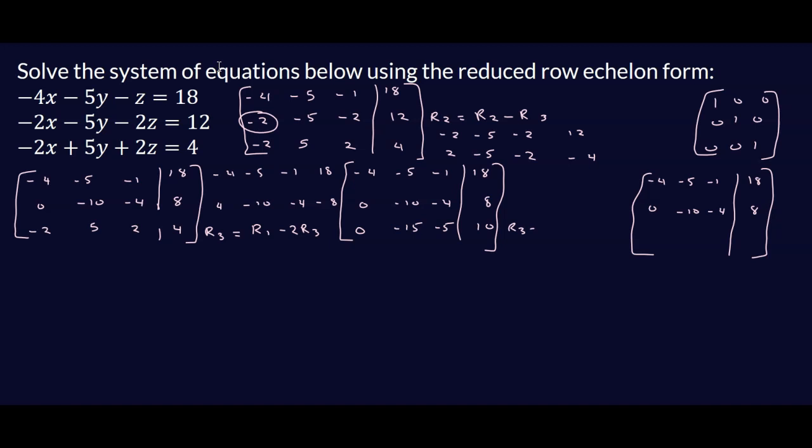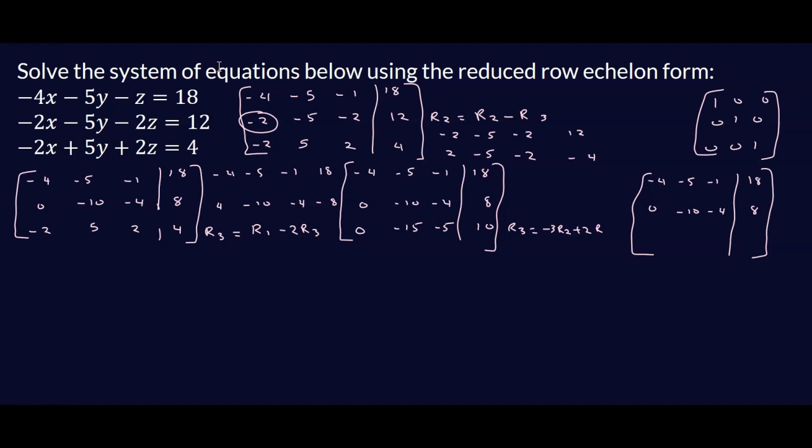So row 3 is going to be equal to negative 3 row 2 plus 2 row 3. Let's do that instead. So negative 3 row 2, we have 0 here, we have 30, we have 12, and then we have negative 24.